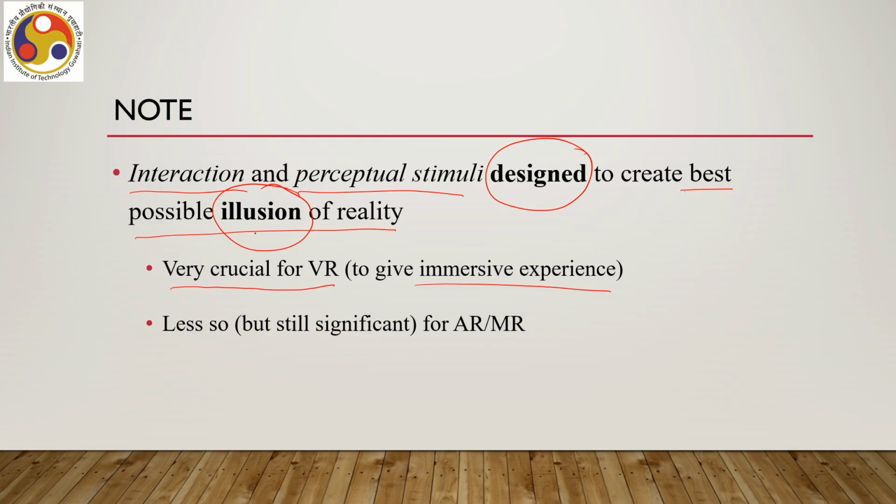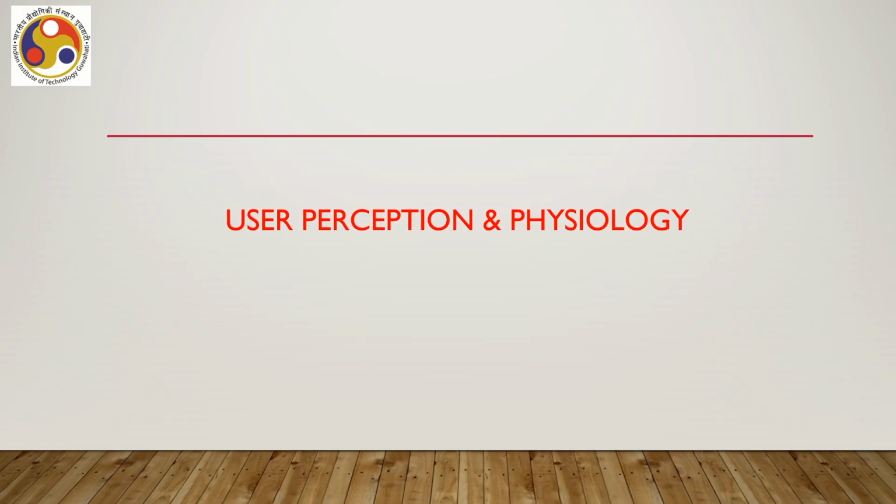So, this illusion may not be very significant, but still not totally insignificant either. So, we have to think about how to create the best possible illusion of reality to give a better XR experience. That is our objective, to understand how to create that illusion.